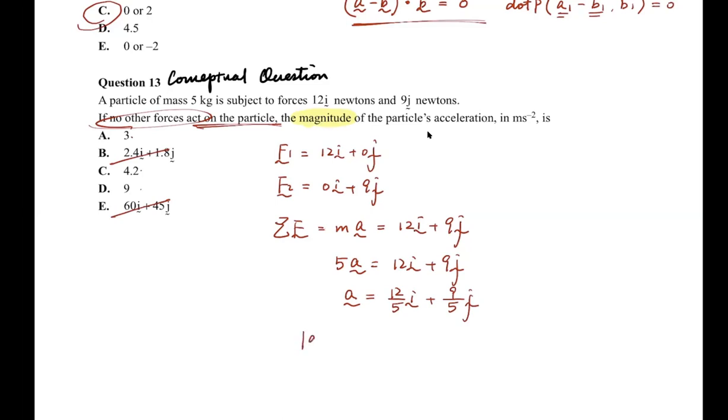Now, the absolute value of A, which is the magnitude of the acceleration, is square root of 2.4, which is 12 on 5, squared, plus 9 on 5, 1.8, squared. Looks like the answer is 3, okay? Because 2.4 equals 3 times 0.8. 1.8, hang on a second.